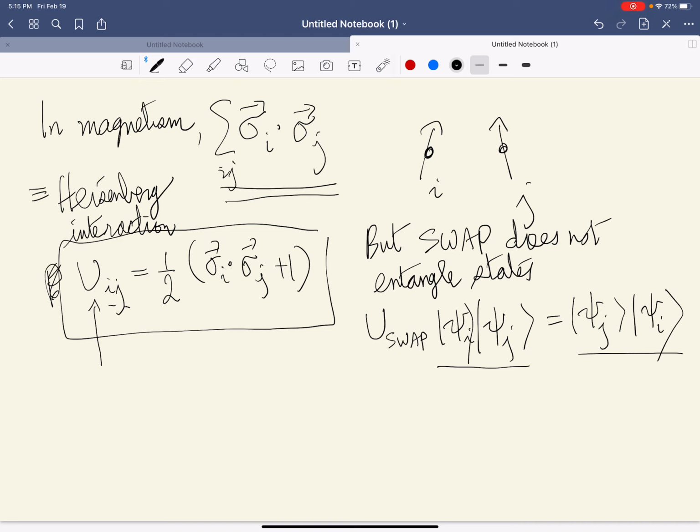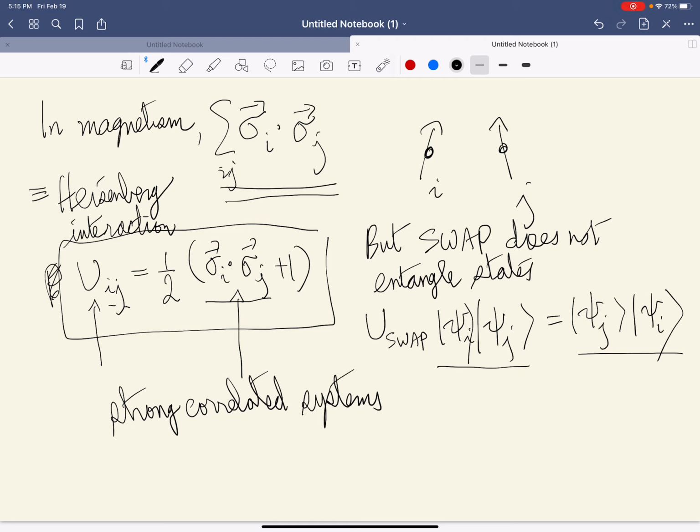So this Heisenberg interaction turns out to be a pretty simple interaction from the entanglement perspective, in the sense that this does not increase the entanglement in the system. However, a bunch of spins that are interacting through this interaction is called a strongly correlated system.